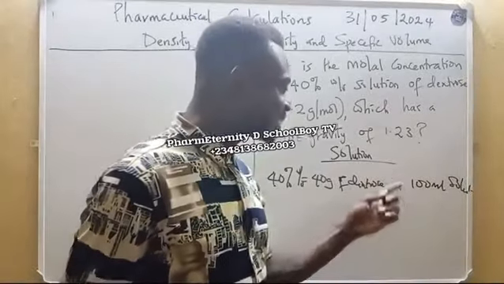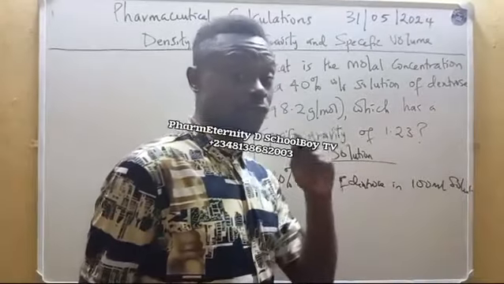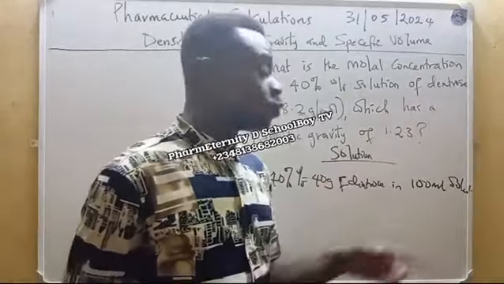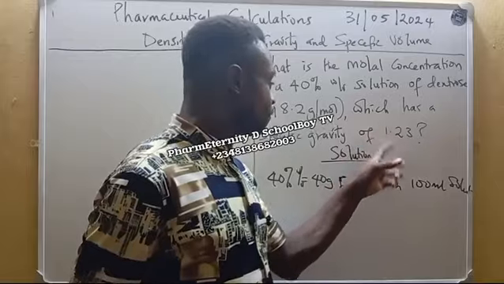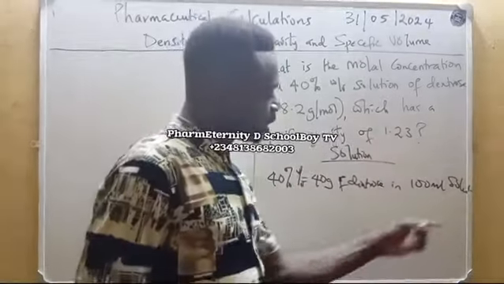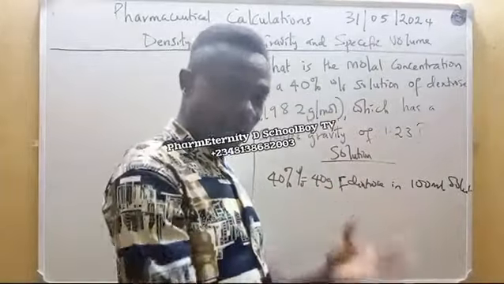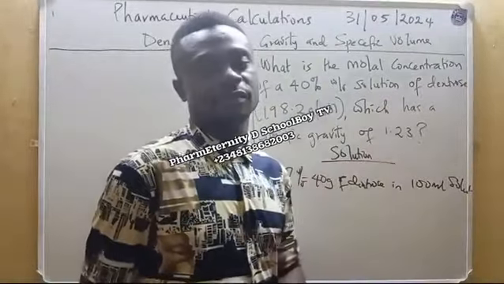We don't know the exact volume of the solvent in which this 40 grams was dissolved. So that will lead us to using the specific gravity of this solution to convert this entire 100 ml of the solution back to the weight.